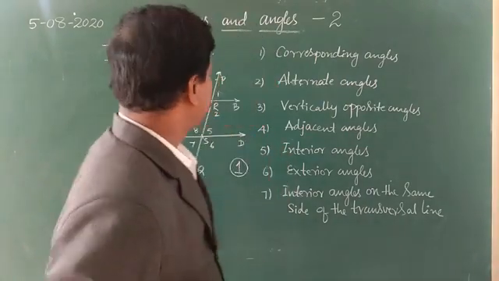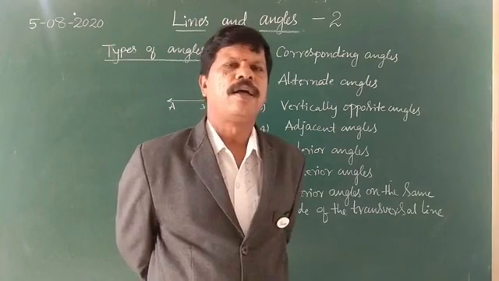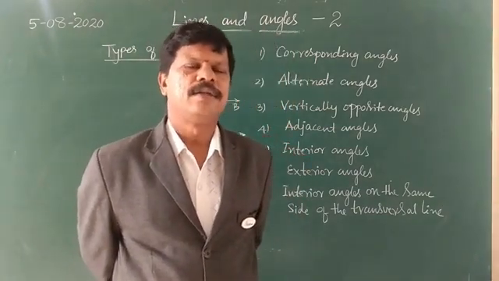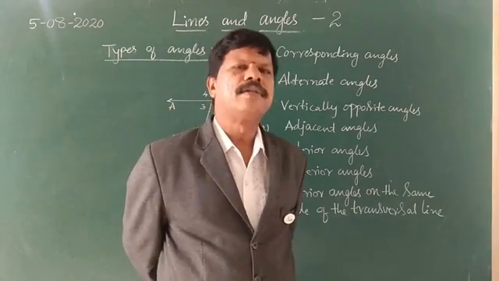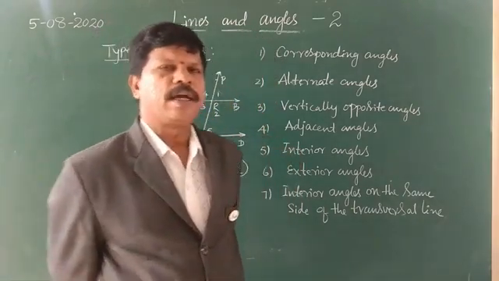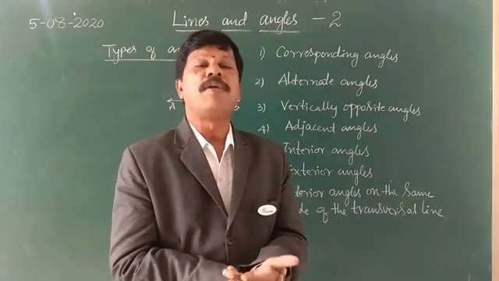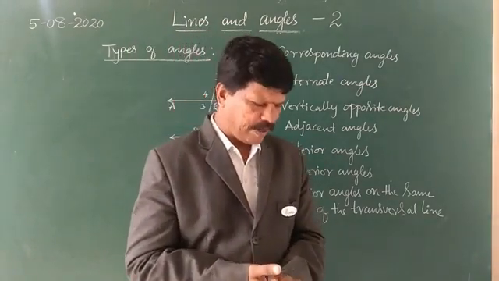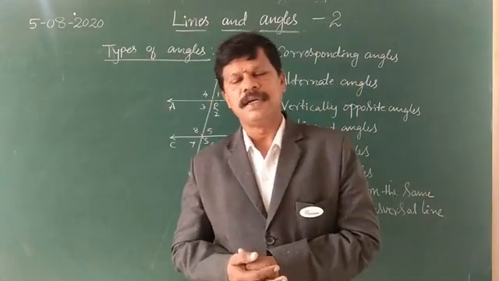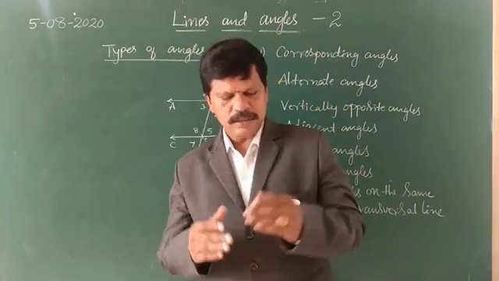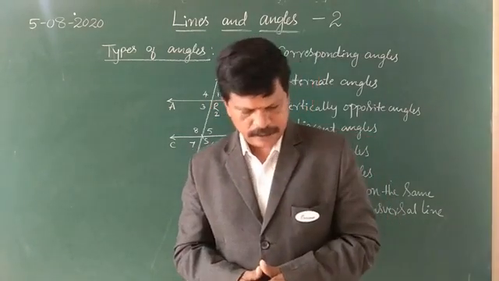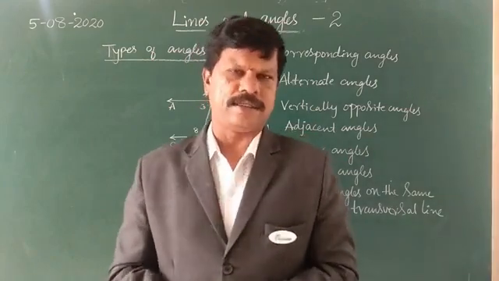In the previous session we discussed the basic concepts like straight line, curved line, parallel lines, and types of angles: corresponding angles, complementary angles and supplementary angles, and also the adjacent angles and linear pair angles. These are very important concepts from our previous class.